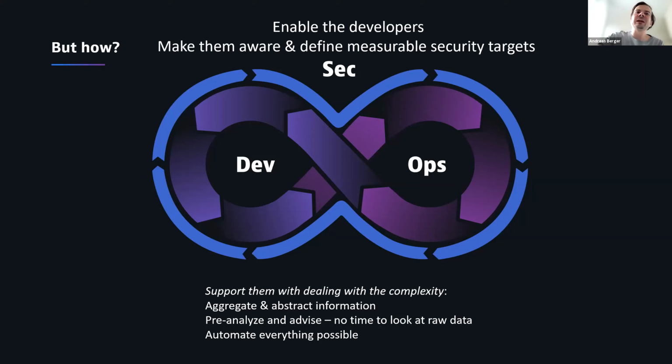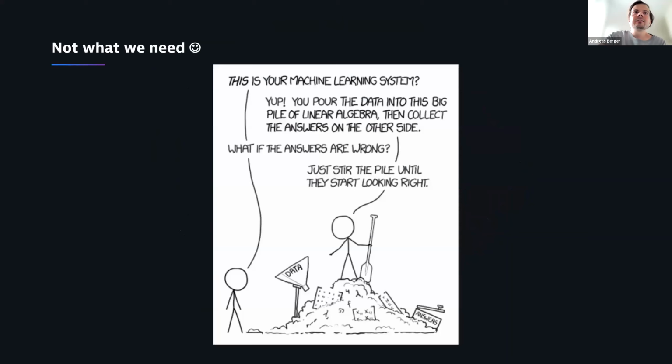So we need to support everybody in dealing with the complexity. And that's also relating back to what I said in the beginning. So how do we deal with the complexity? I'm trying not to link over to artificial intelligence. And this is the way I think we very often did our AI in the context of security in the past, and this is not the way it's useful.